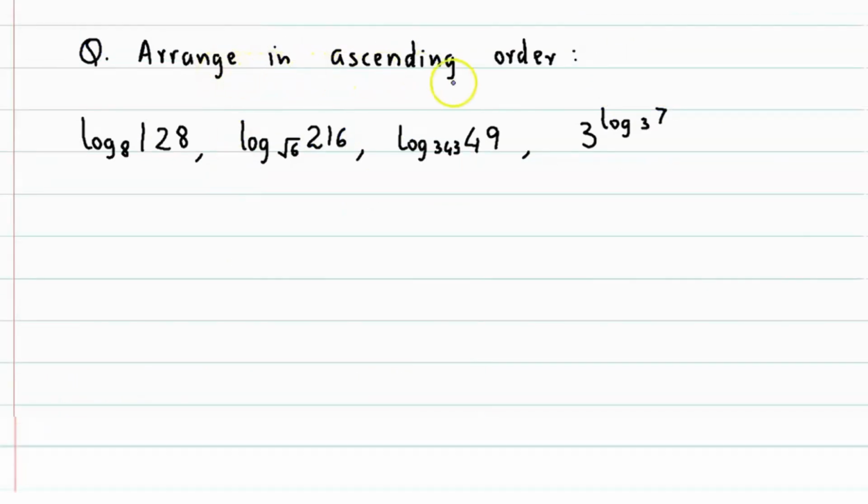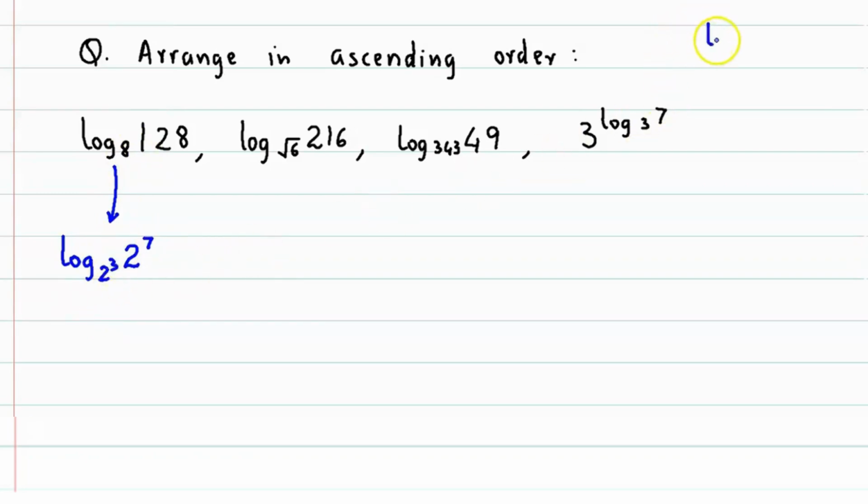Arrange in ascending order. अब 1 2 3 4 टर्म्स दिए हैं. अब एक एक करके ये टर्म्स की हम वैल्यूज ढूंढते हैं. Let us focus on this. इसे हम लिख सकते हैं as log of, ये आएगा 2 raised to 7, और ये 8 को हम लिख सकते हैं as 2 cube.